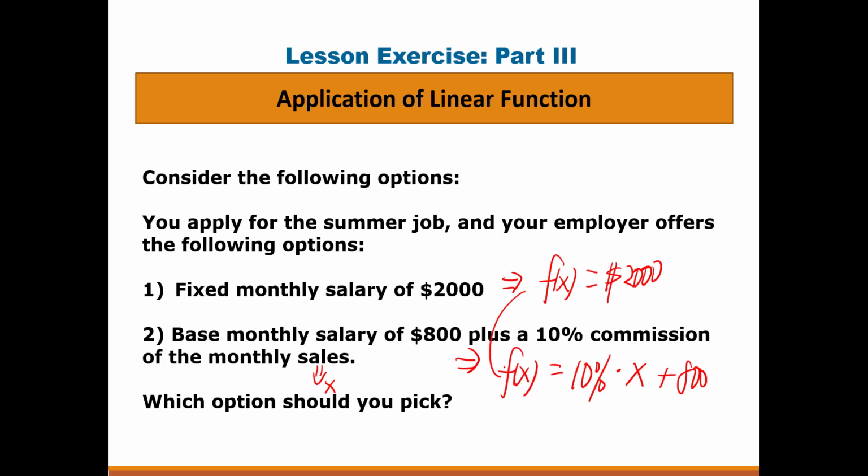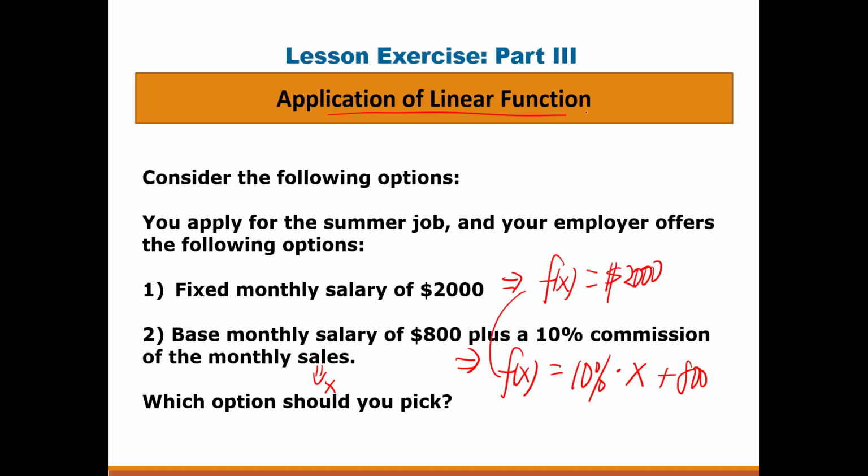But it depends on the functionality and other factors. You pick the proper option here. So this is how we utilize the linear function to make decisions in real life. This is a typical sales job, so you look into that and figure out a better option for yourself.